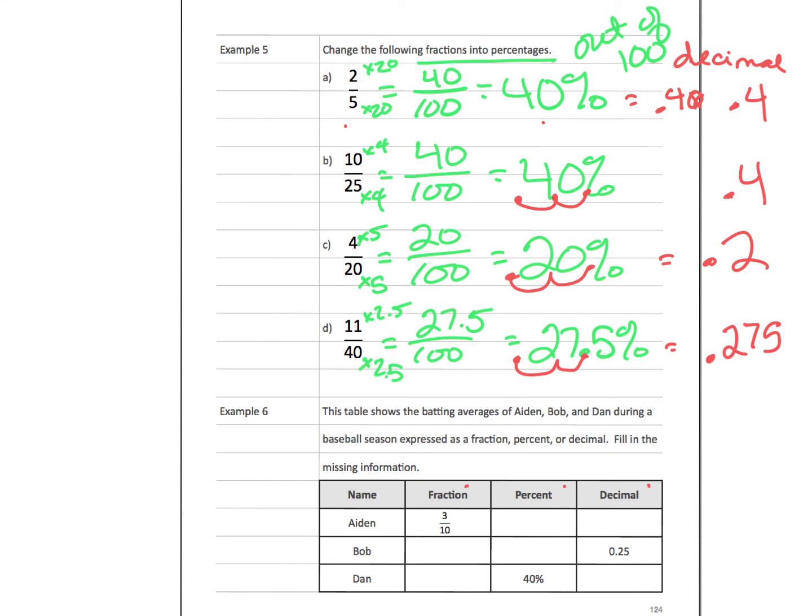I want you to change 3/10 into a percent and into a decimal. For Bob, change 25 hundredths into a percent and into a fraction. And for Dan, figure out the 40% as a fraction and as a decimal. So go ahead, pause the video, and see if you can figure it out.